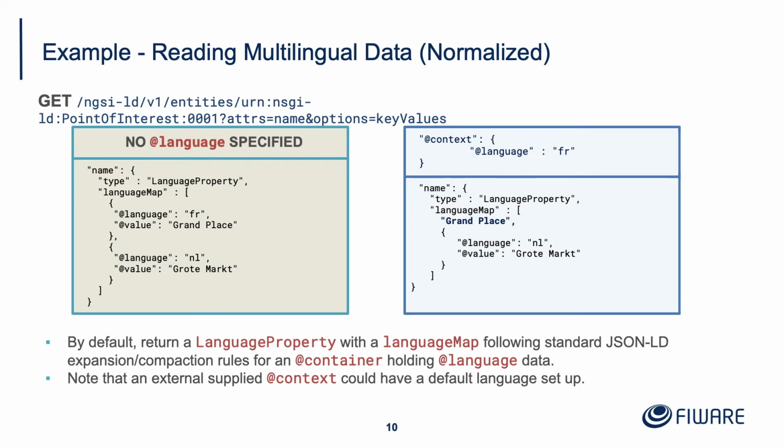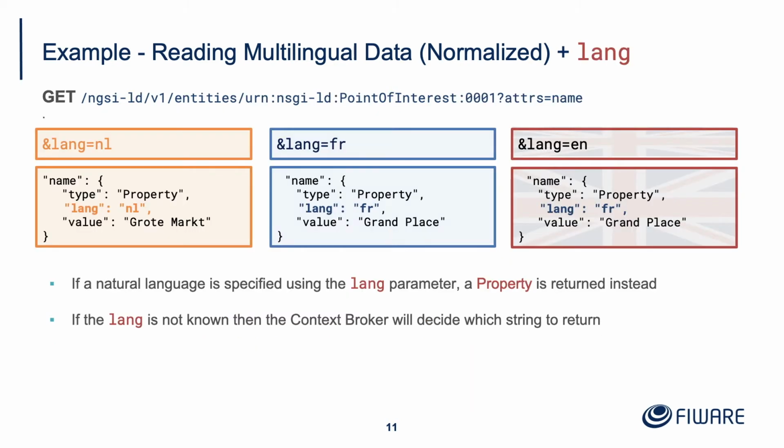So far, all we've done is we've changed the format of the response because we put something in the header. Not particularly clever, but it's in there already. This is the standard normalized format saying for this particular property we have got the following strings. It starts becoming a little bit more interesting when you add in the new lang parameter in your query.